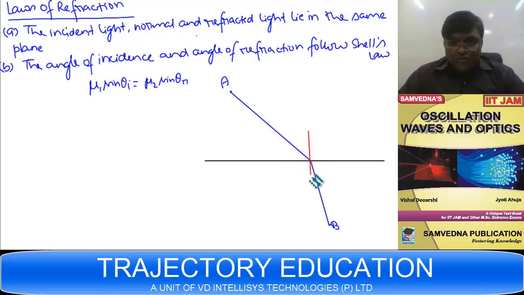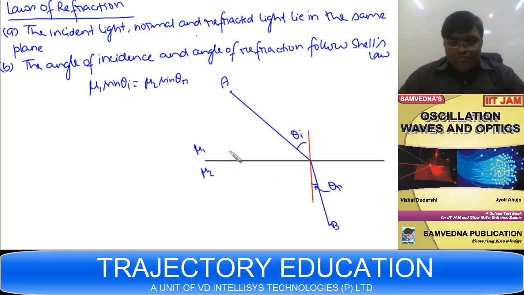I'll draw the normal. This is going to be the normal. Now I have to prove that this angle theta i, the angle of incidence, and this, the angle of refraction, follow Snell's law.